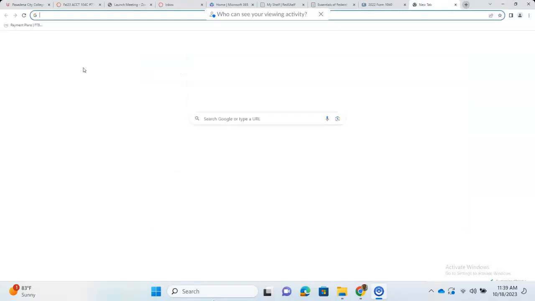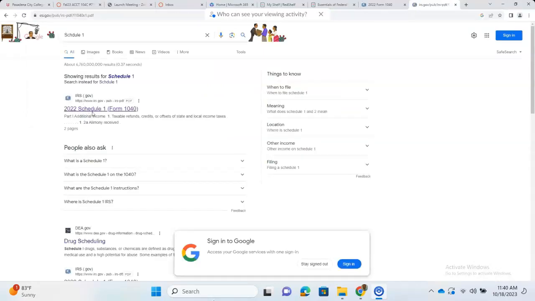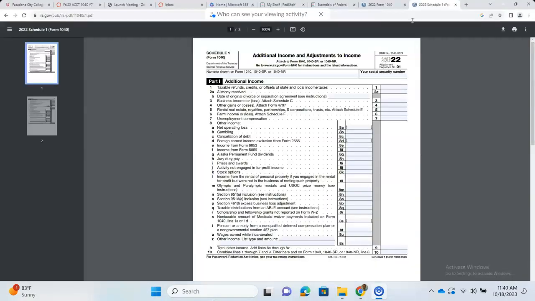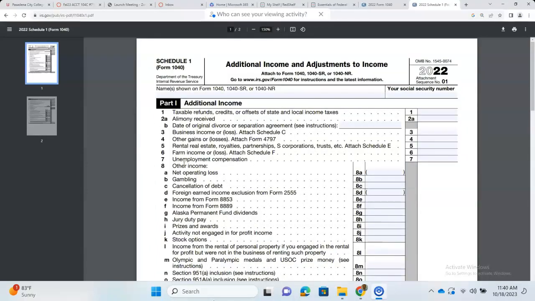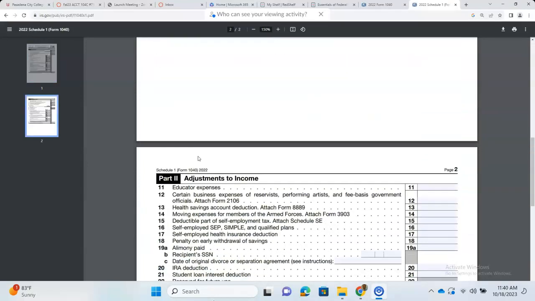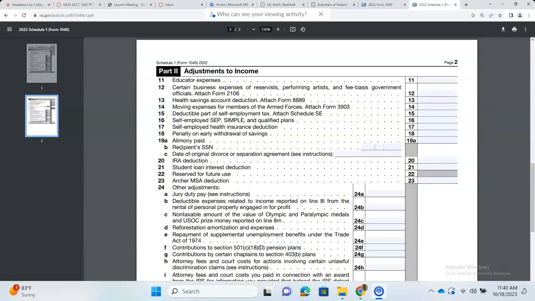And here is the Schedule 1. Line 15, deductible part of self-employment tax.